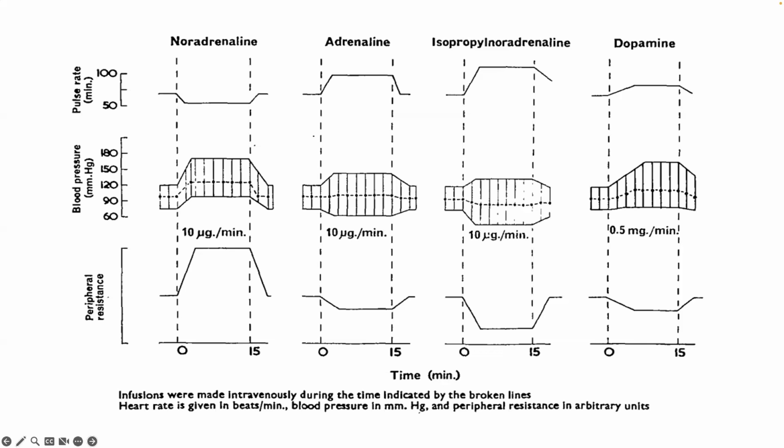But you can see a raise in your MAP with both of the medications. The MAP from adrenaline, as you can see on the top there, is entirely dependent on an increase in your pulse rate, cardiac contractility, and your cardiac output. It's a foreign concept that in most patients adrenaline is a venodilator.